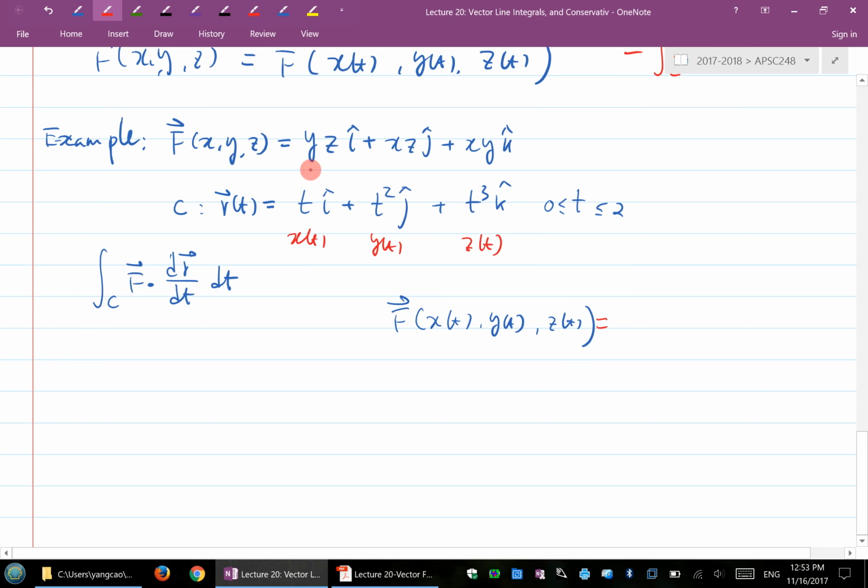You replace the y with t squared, replace the z with t cubed. So the first term is t squared times t cubed. Second term, replace the x with t, replace the z with t cubed.